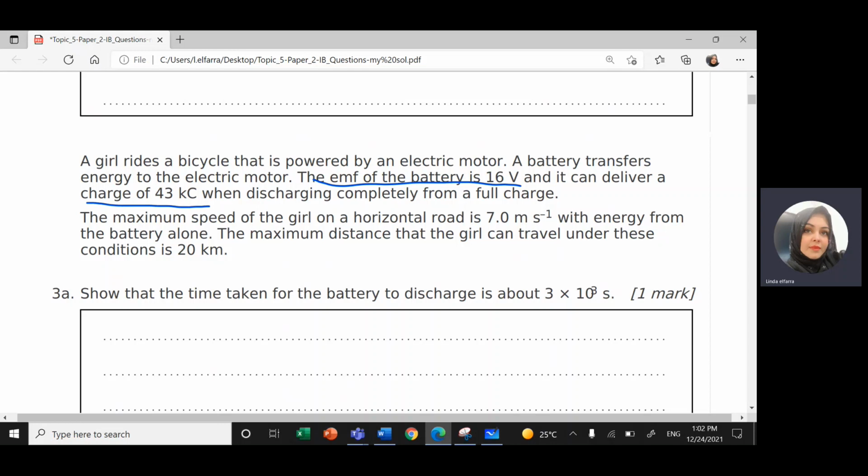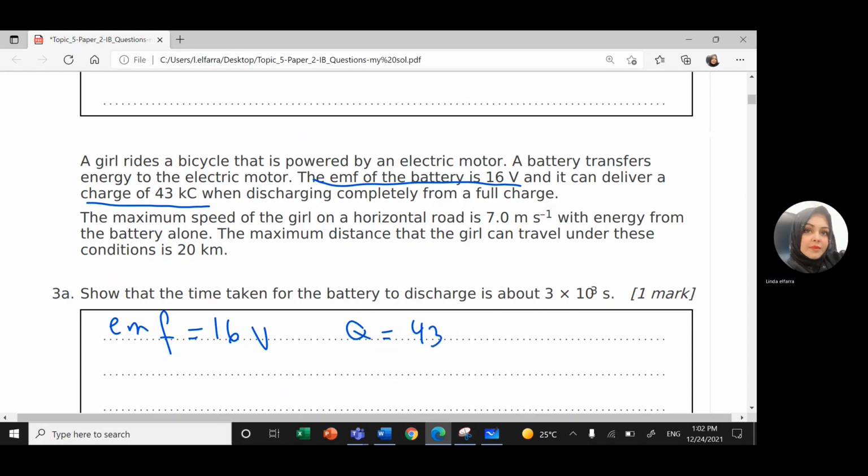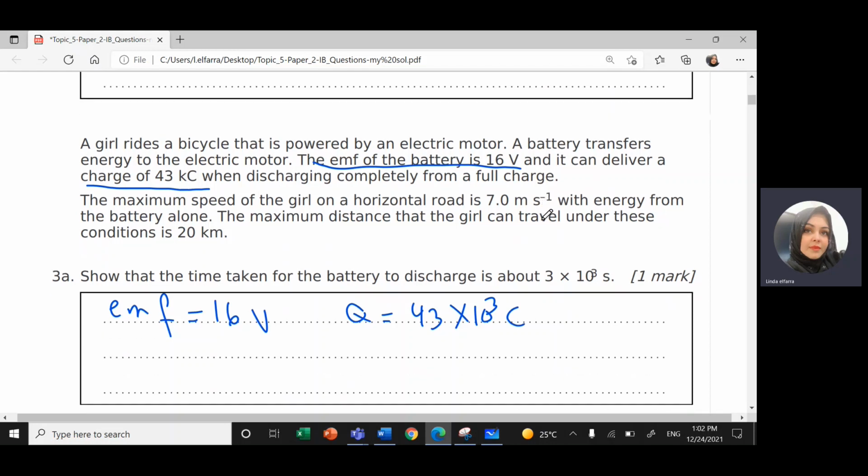So we have the electromotive force of the battery, 16 volt. We have the charge Q, 43 times 10 to the power 3 coulomb when discharging completely from a full charge.